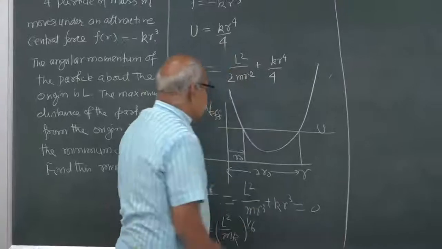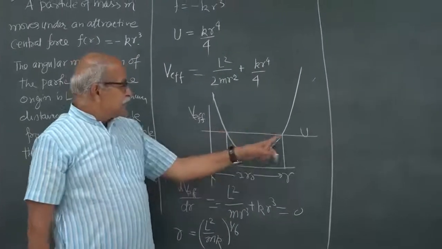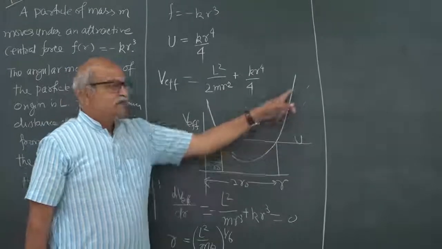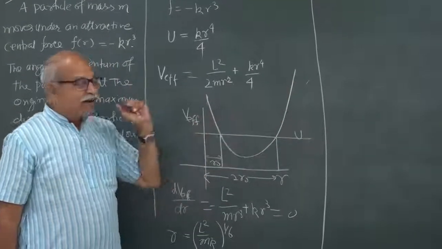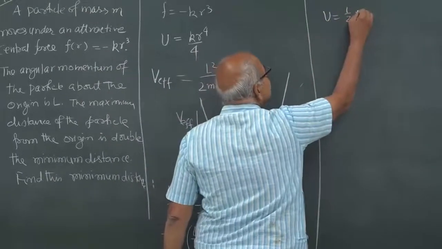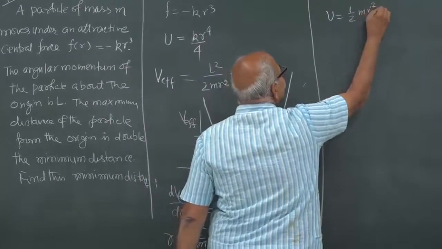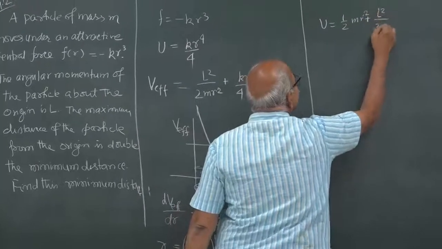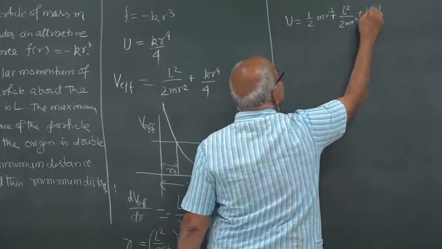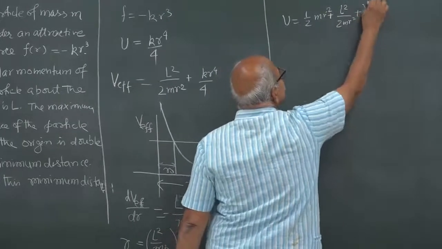At this point, and at this point the total energy is same as this effective potential energy. That is why that half m r dot square is 0. Total energy is half m r dot square plus L square by 2 m r square plus u of r, potential energy here V or u.